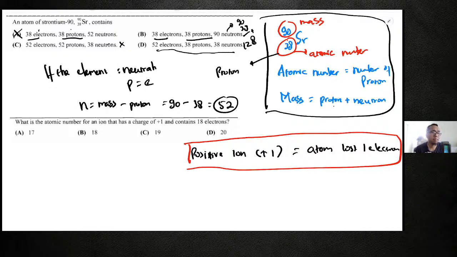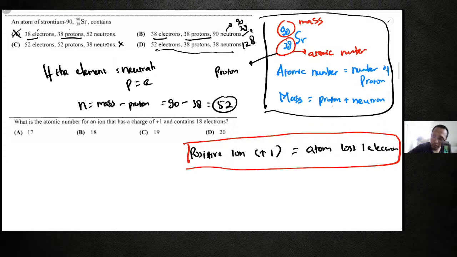Therefore, the amount of protons should be electrons plus 1. Why? Like I mentioned, positive indicates the atom lost one electron. Plus 1 means lost one electron.